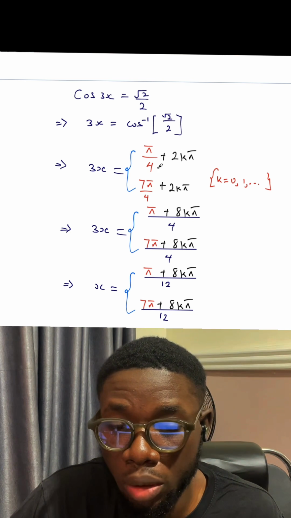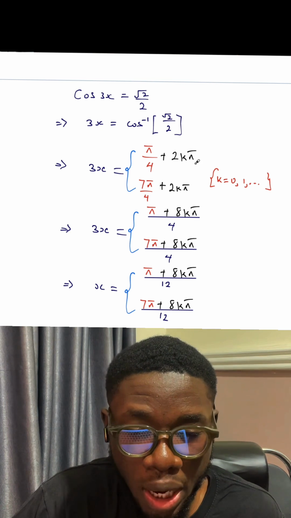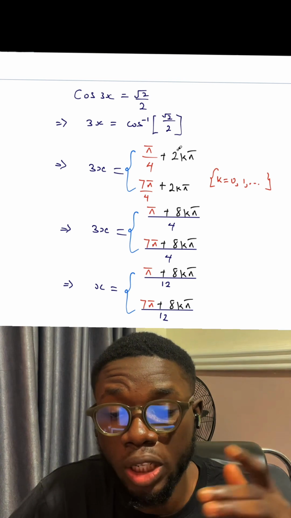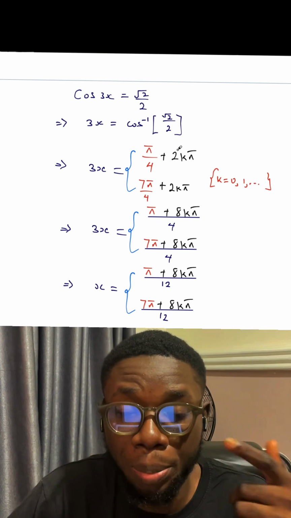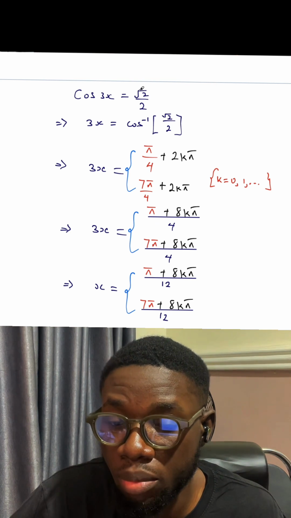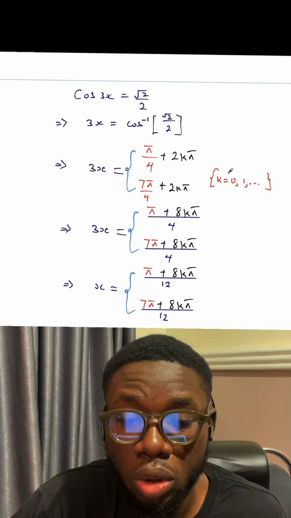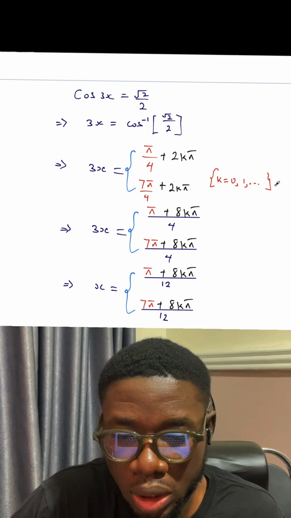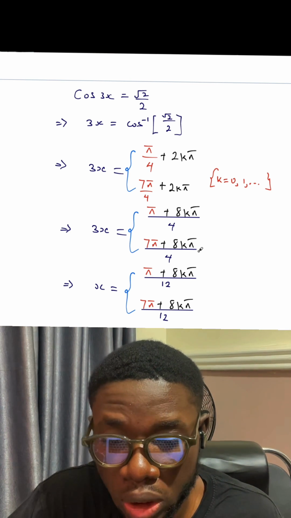This right here is 2k pi. That is what shows the repetition. For every 2k pi, you have moved around again and come back to a bigger angle that will give the same result for the particular solution that we got here. And k goes from 0 to 1 to 2 to 3 and so on, depending on how many solutions you want.